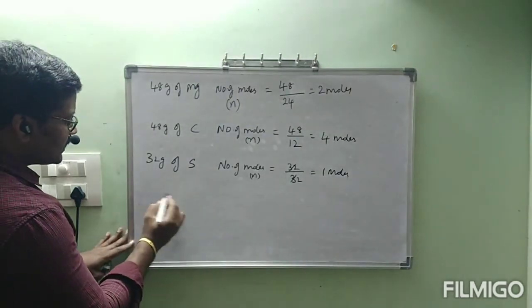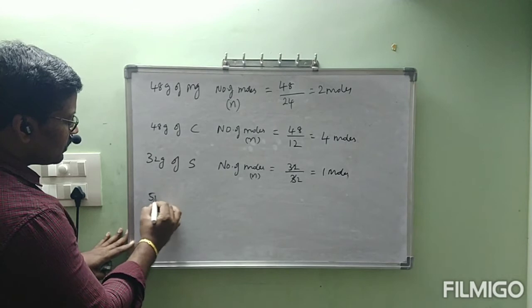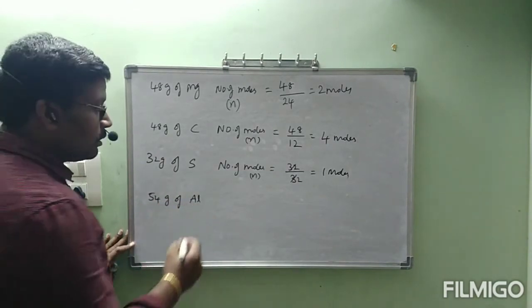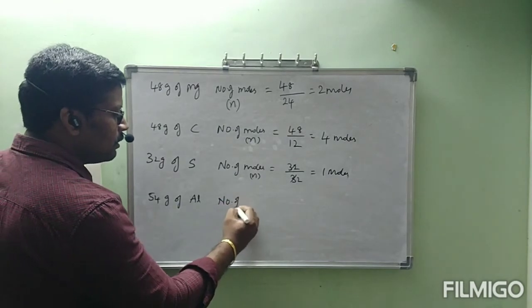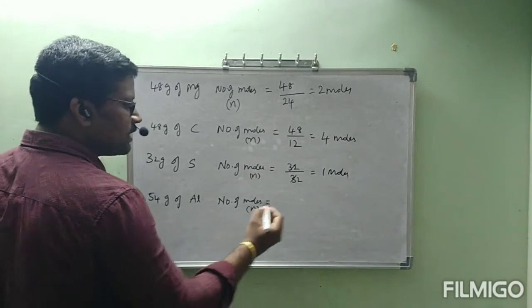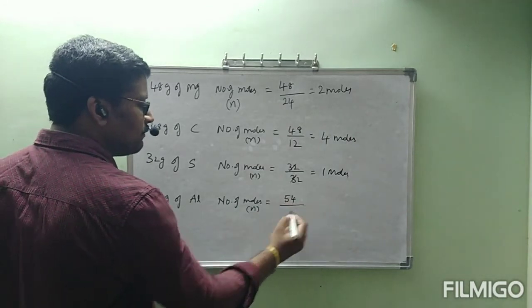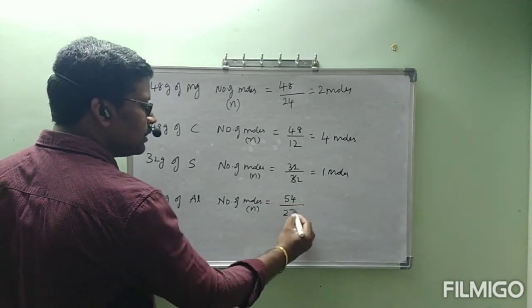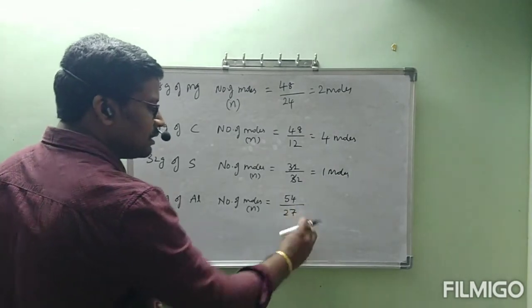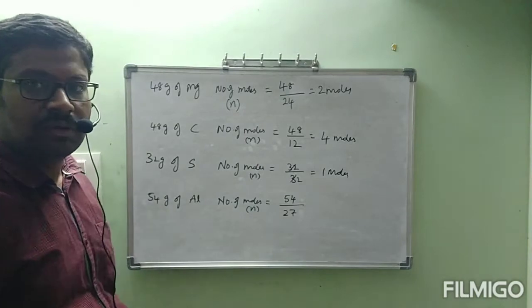Aluminium. Let us consider 54 grams of aluminium. Number of moles n is equal to, what is the given mass? 54, divided by aluminium gram atomic weight 27. If you want to check that, the table column is very useful for you.